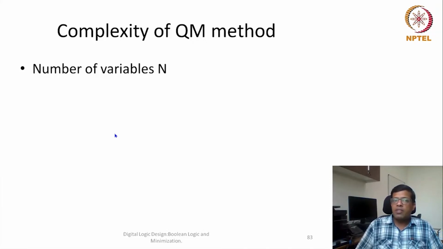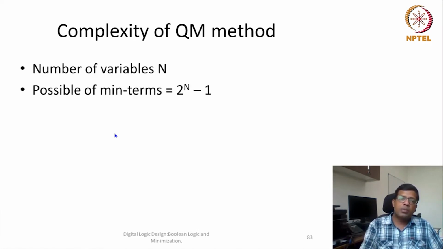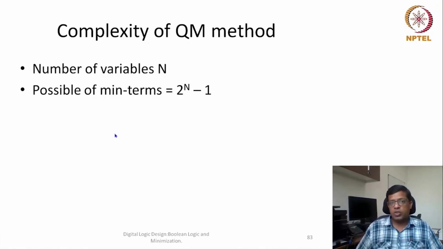Given n variables, how many min terms or max terms would there be? The maximum number of min terms could be 2 to the power n minus 1. So for example, for n equal to 4, there could be 15 min terms.